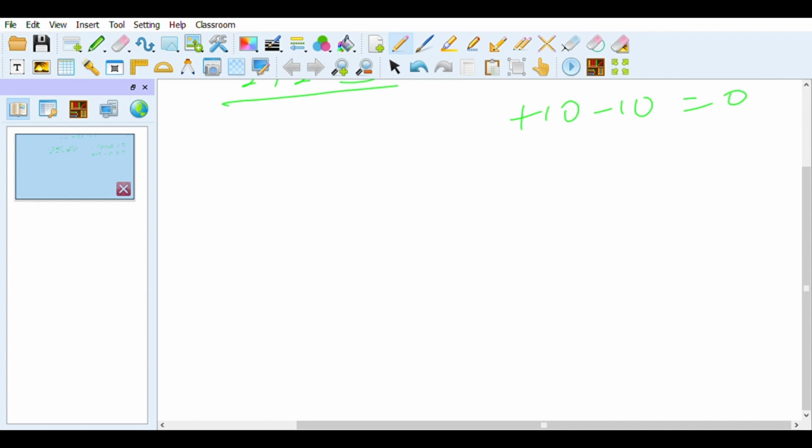So in this example, let's have 3 plus p is equal to 11. Remember that this is a positive 3. So if we have a positive 3, what are we going to do? We subtract 3 from both sides.